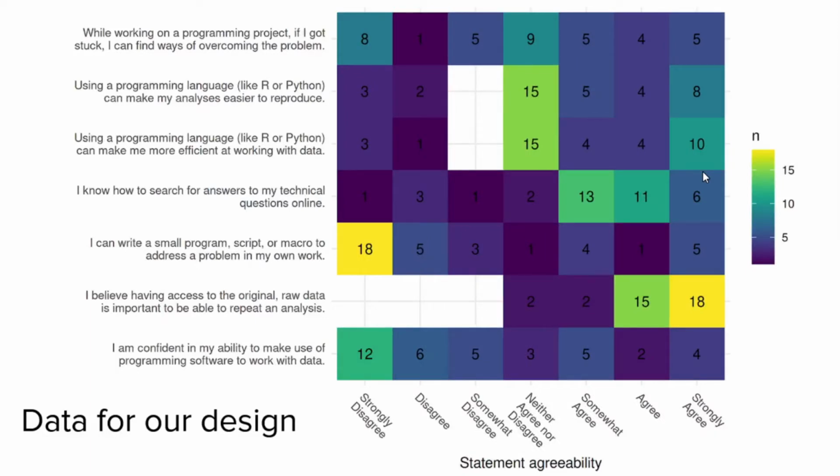All of this comes from a survey that I sent out before the materials were put together, just as a sense of what to expect. Most people feel that having raw access to original data is good for reproducibility and for their analysis, but at the same time they don't really do their work using a programming language, and they're pretty indifferent about whether programming can help with reproducibility.